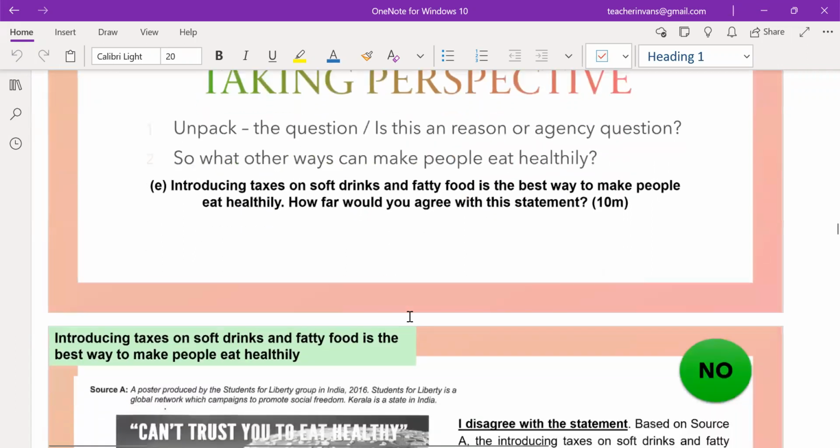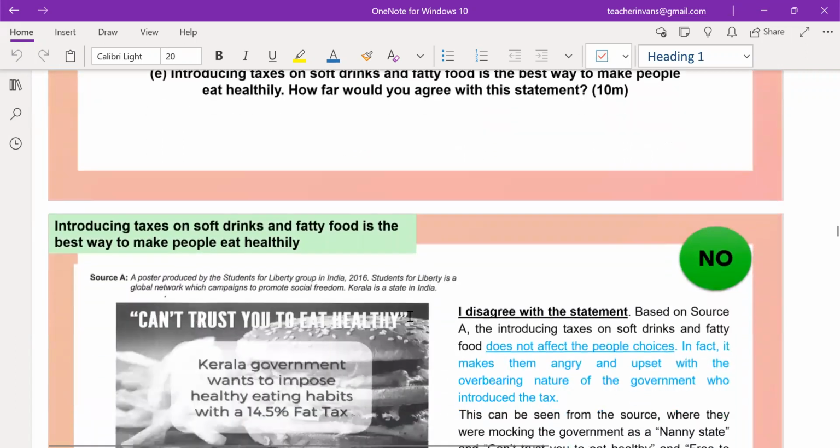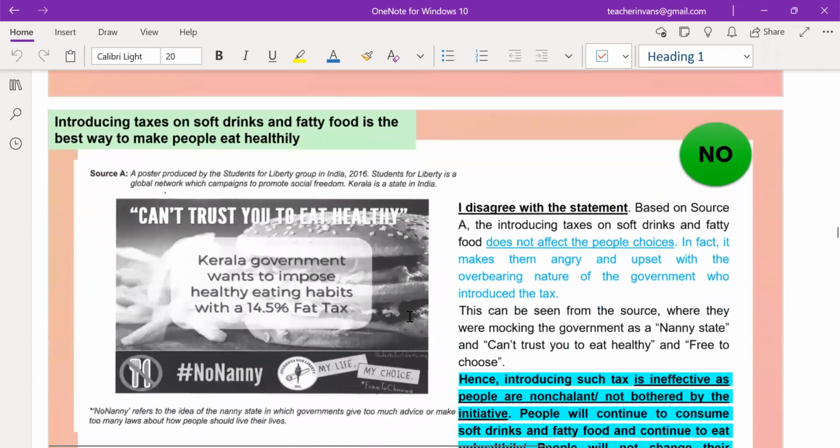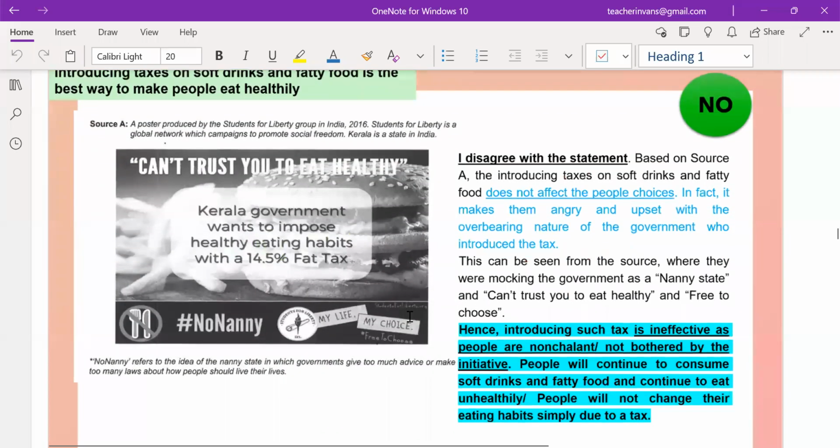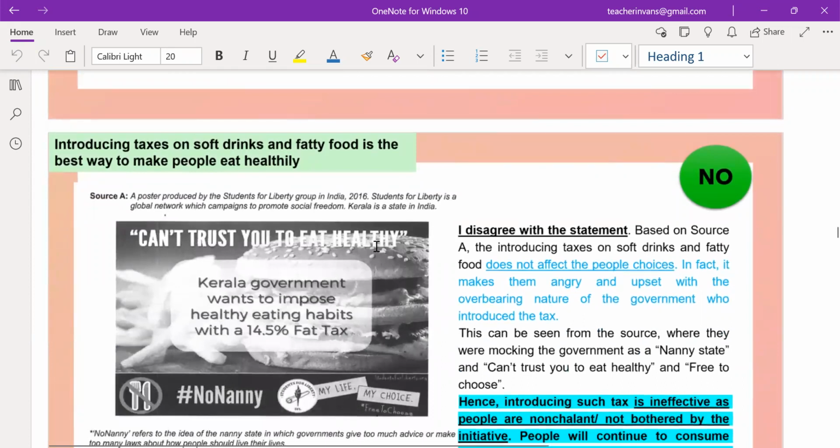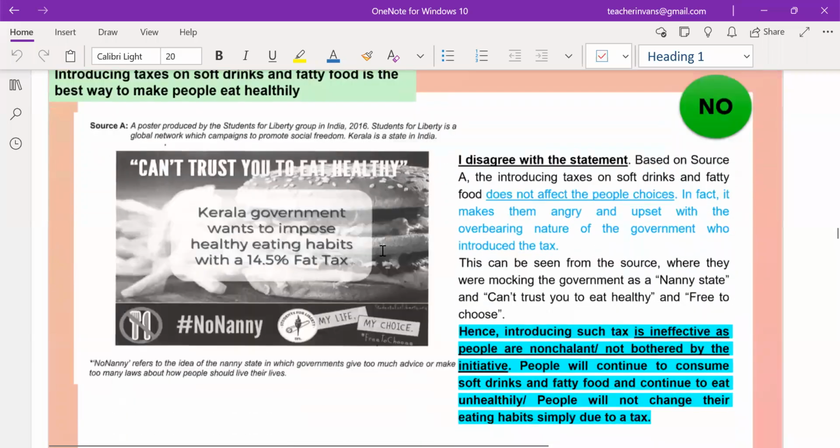Obviously, there are no's and there are yes's. So we talk about source A, and from the blue color, you can see that introducing taxes is ineffective because people are not bothered by the initiative. People will continue to consume, and when they consume, their diet is not changed, and hence it is a failure. It is not the best way to make people eat healthily.